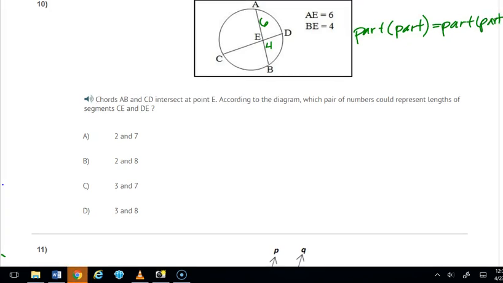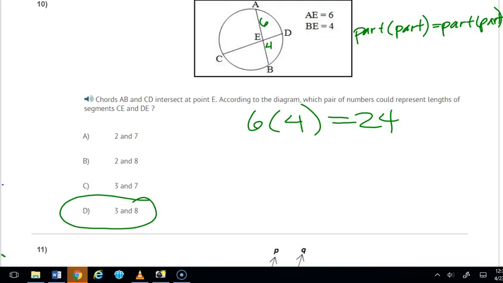So that means this is 6 times 4, which is 24. So we're looking for the other product down here of A, B, C, or D that equals 24, and that would be D, because 3 times 8 is 24.